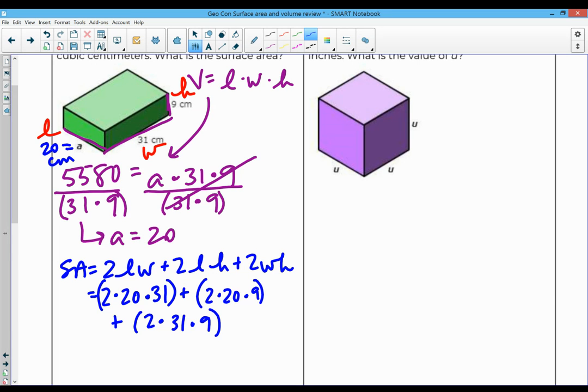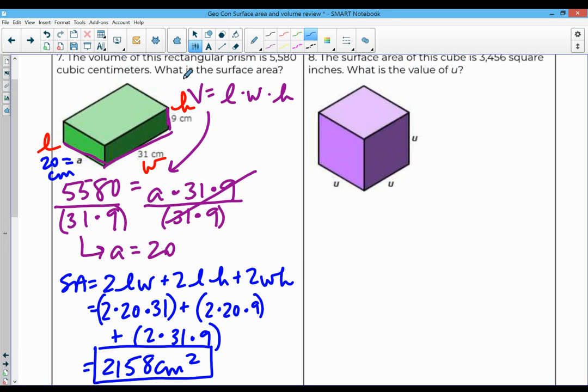Now I will plug that all in. All right, so our surface area is 2,158 square centimeters. Totally fine. So again, you worked backwards to solve for that missing length and then used that missing length to help you find the surface area, which is what the question was asking us for.